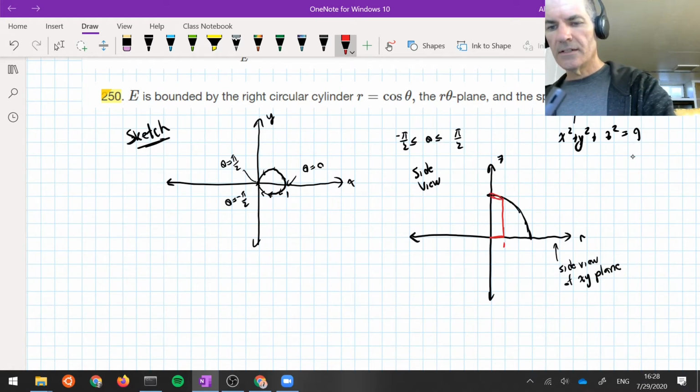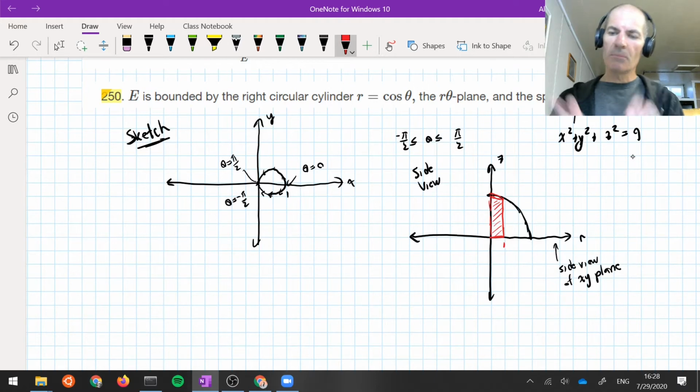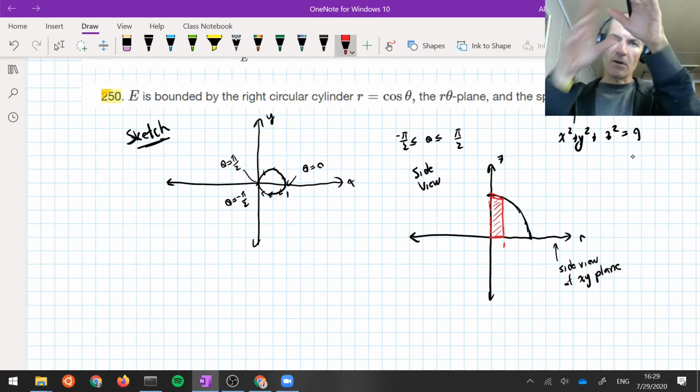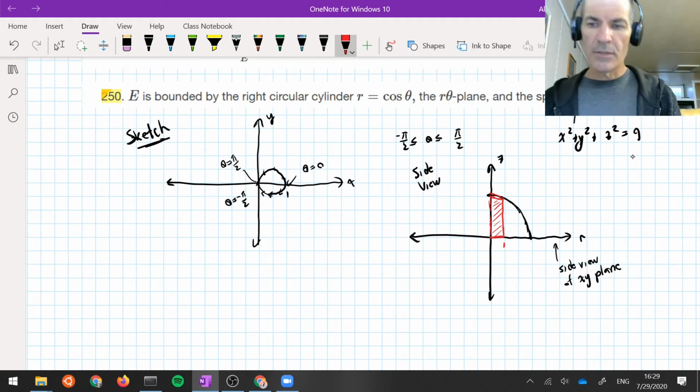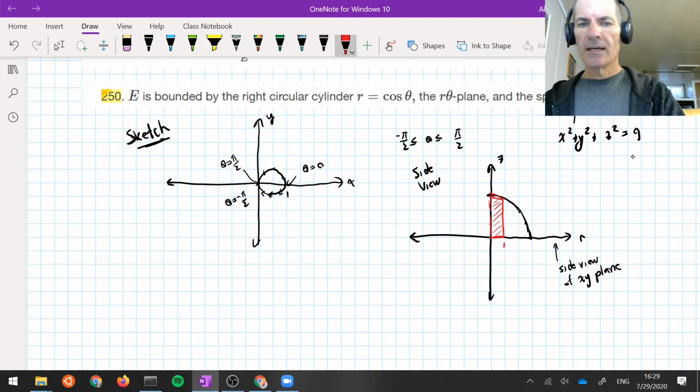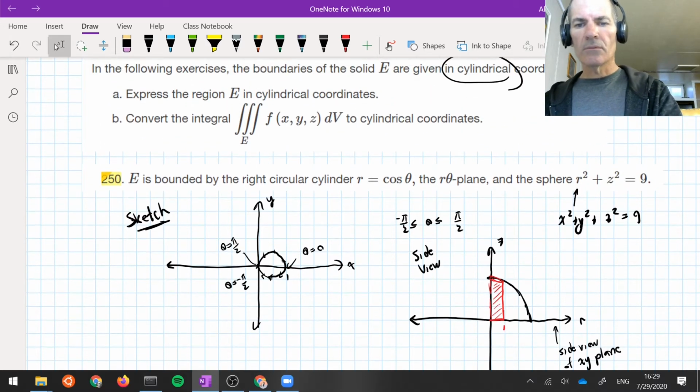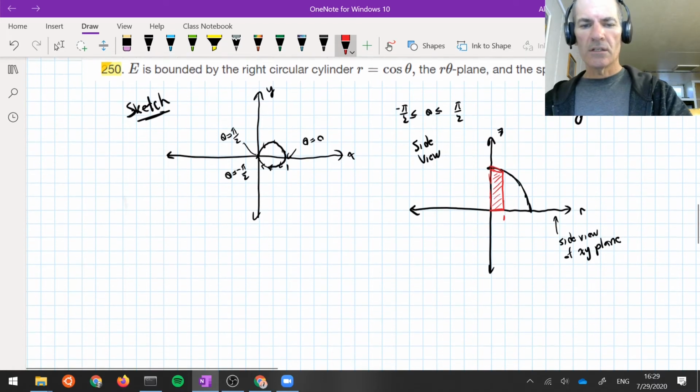It's kind of hard to do it perfect justice, but we're talking about the inside of a cylinder that looks like that, where the bottom is flat, cut off by the XY plane, and the top is curved. It's got a bit of a dome shape to it, and it's cut off by this sphere of radius 3. So hopefully you can put these two pictures together and get a full idea of what this volume looks like. It remains for us to now construct this integral.